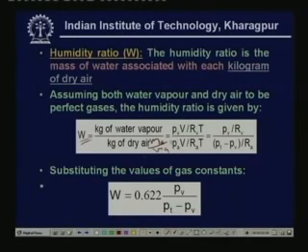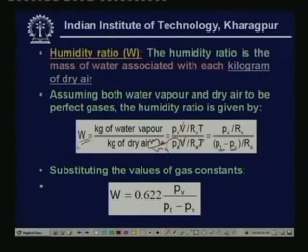MV by MA, that means mass of water vapor by mass of dry air, is written as PV into V by RVT divided by PA into V by RAT, where PV and PA are the partial pressures of water vapor and dry air. RV and RA are the gas constants, not universal gas constants. These are the actual gas constants, and V's are the volumes and T's are the temperatures. Since temperatures are the same and volumes are the same, these things get cancelled. Then we write PA in terms of total pressure PT and vapor pressure of water PV using Dalton's law of partial pressures. So, PA is replaced by PT minus PV.